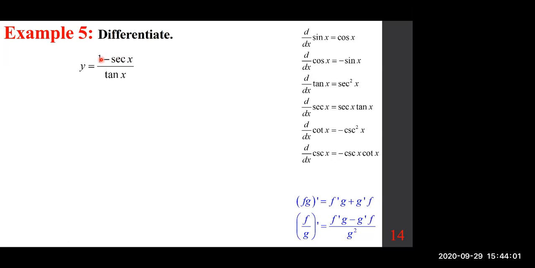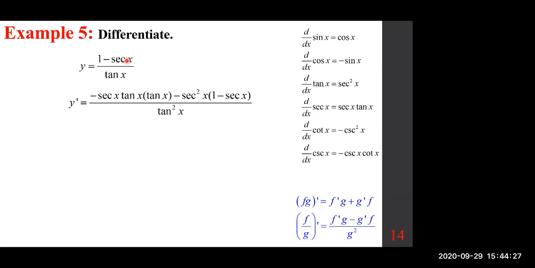F prime, the derivative of the top, minus secant x tan x times tan x, minus g prime, the derivative of tan, secant squared times the top, over the bottom squared. And as long as you have this, the rest is pretty straightforward.